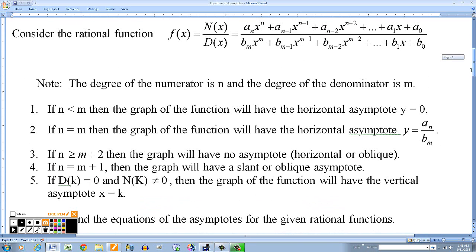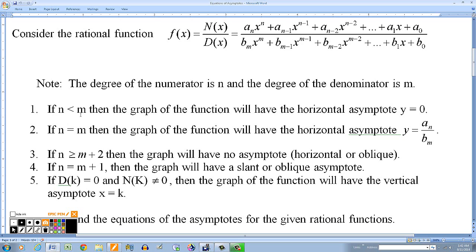Okay, so here's what we need to know. Number 1: if n is less than m, then the graph of the function will have the horizontal asymptote y equal to 0, which of course is your x-axis. That's saying the degree of the numerator is less than the degree of the denominator.